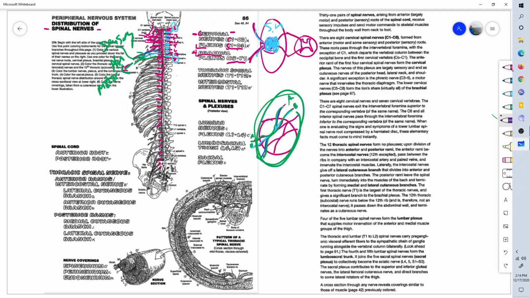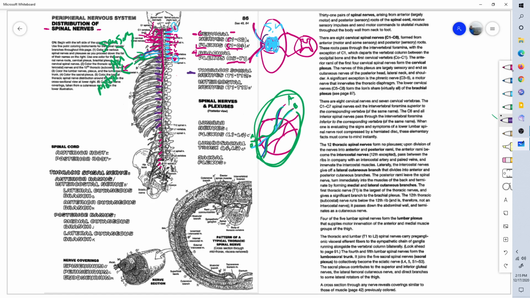I believe, let's see, this is T1, the first, T2, T3, there are 12 of them. I think there's one up here. T1, T2, T3, T4, T5, T6, T7, T8, T9, T10, T11, T12. 12 thoracic nerves. Those are the thoracic spinal nerves.